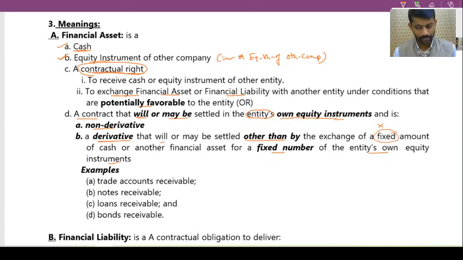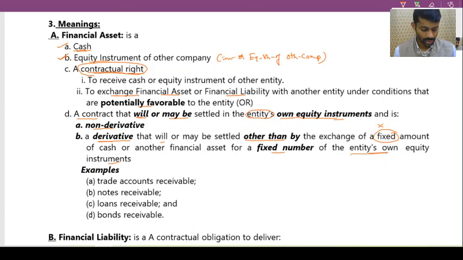Understanding slowly? Or if you know the fixed amount, then it is a non-derivative, no? So if it is not a fixed amount, that means you cannot fix the amount for that contractual obligation, then only it will be called a derivative. Clear? Yes, sir.